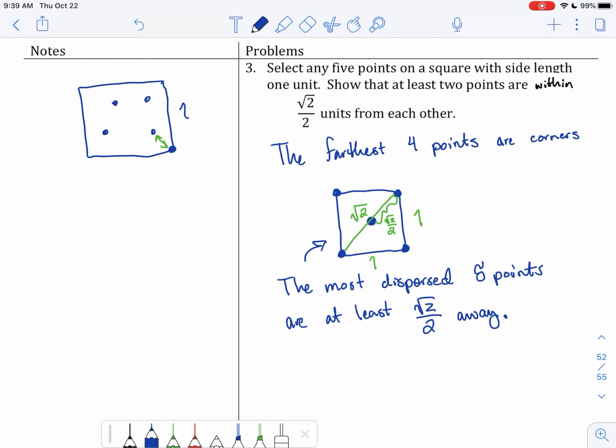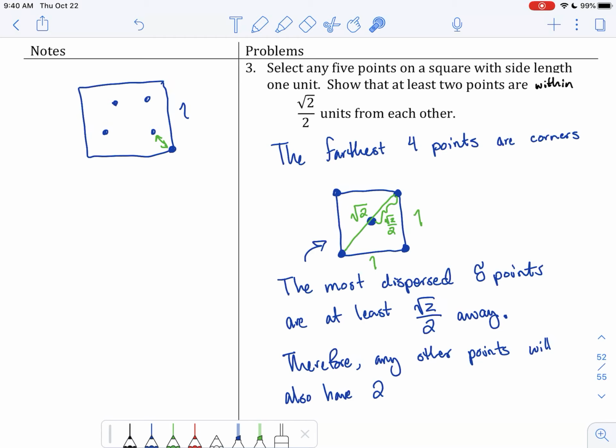Therefore, if you picked any other set of points, any other points will also have at least two, because if we move it, like let's say we move this point over here, it's now farther from these two, but it would be closer to these two.